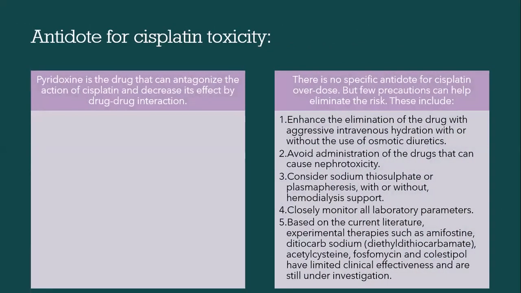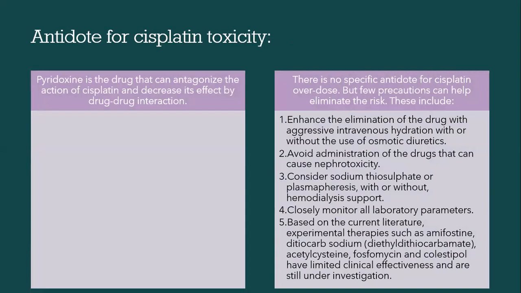Antidote for cisplatin. In few cases, there is possibility that we may have given an excessive dose of cisplatin, or the person has received the normal standard dose, but he is renal insufficient. So the drug stays in the body for a longer period of time, or it can get accumulated in the body and lead to toxicity and side effects.